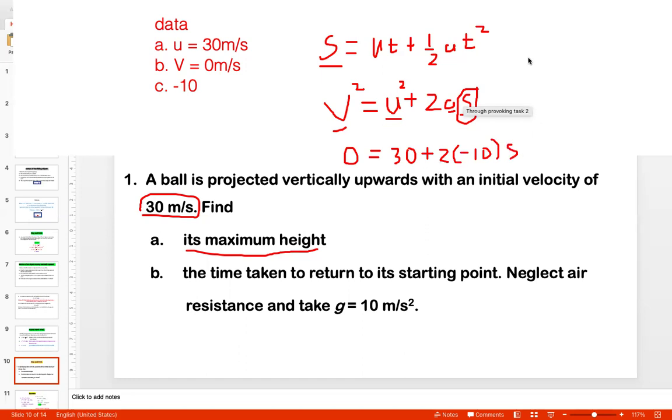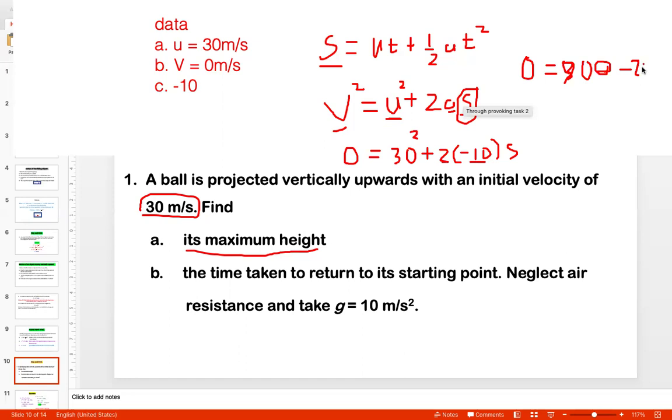So when we compute, we're going to have 0 is equal to 30 squared minus 2 times 10 times s. Remember, the velocity is squared. So it's going to give us 900, then minus 2 times 10, negative 20s.